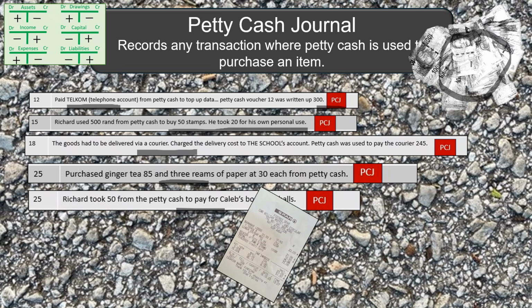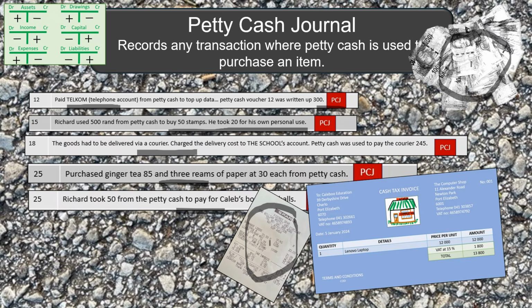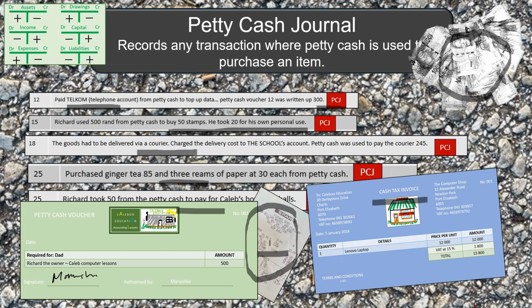When a payment is made, the person that's received the cash from the petty cashier needs to keep a document as proof that the goods were bought. That document could be a cash tax invoice or a slip, and it needs to be attached to the petty cash voucher.